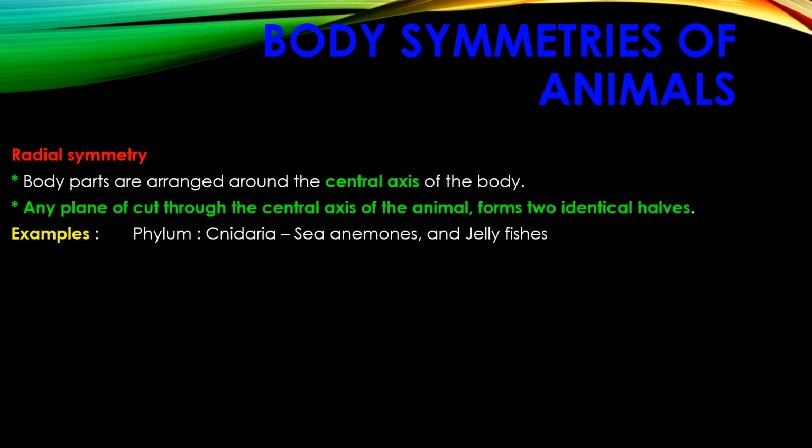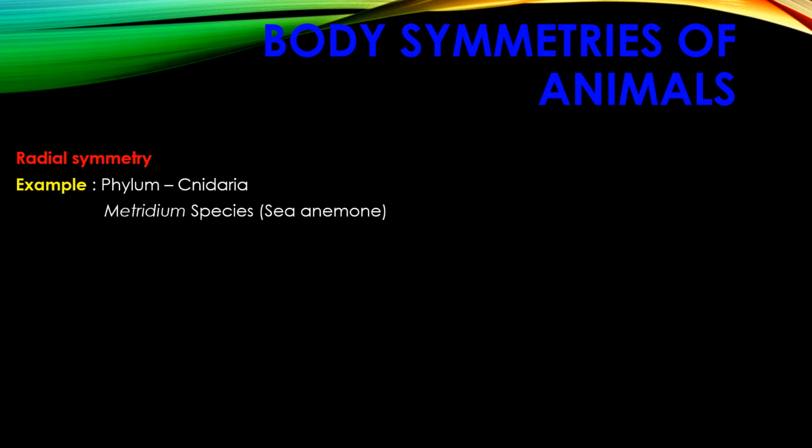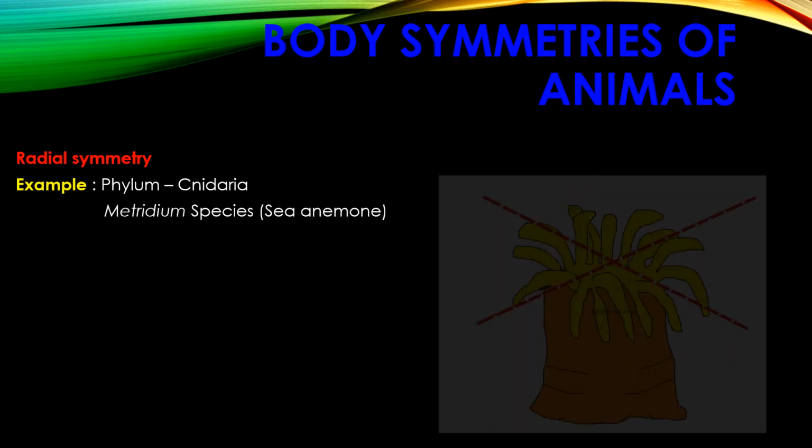The examples for the radially symmetrical animals are cnidarians like sea anemones and jellyfishes, ctenophores like comb jellies, and echinoderms like starfish. Now I am going to show you one example for radial symmetry. So it's Metridium, which belongs to phylum Cnidaria.